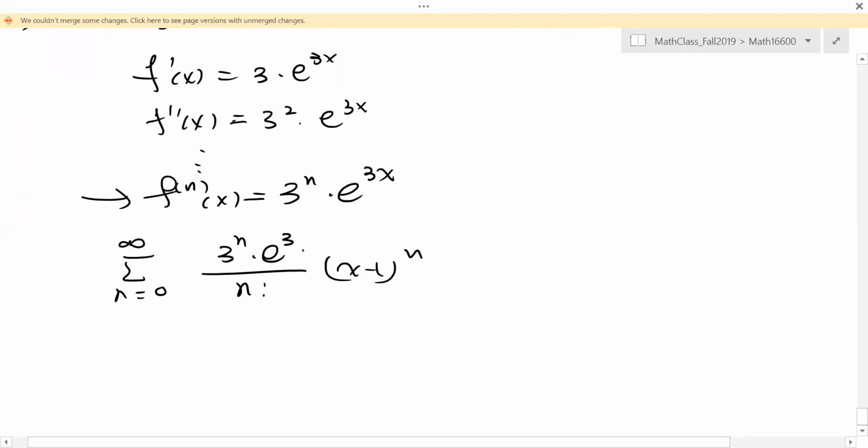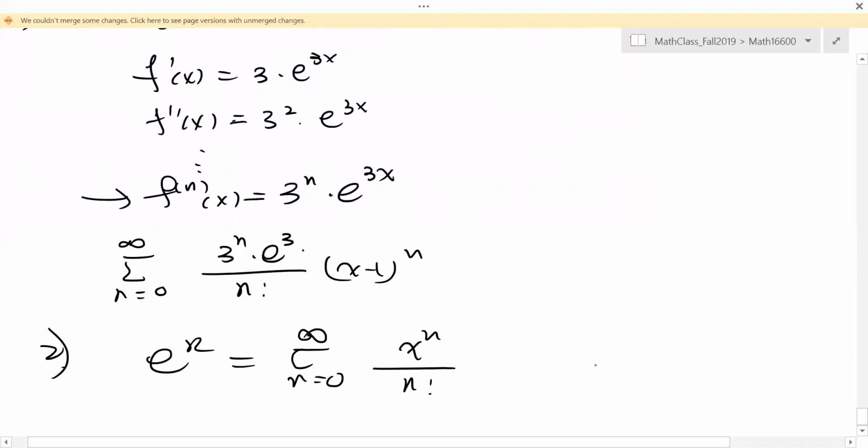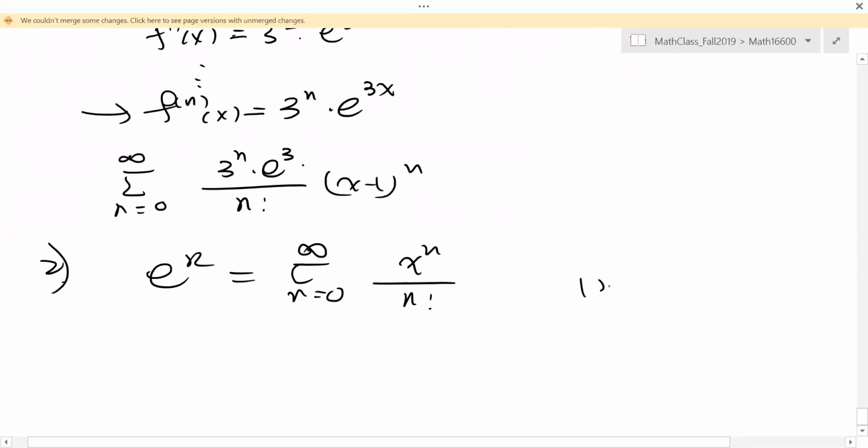Second, you use a formula. We already got this before, right? e to the x is the sum of x to the power n over n factorial. That's true for general x. So e to the 3x, so simple, right? Just 3x to the n over n factorial. That's not good enough.